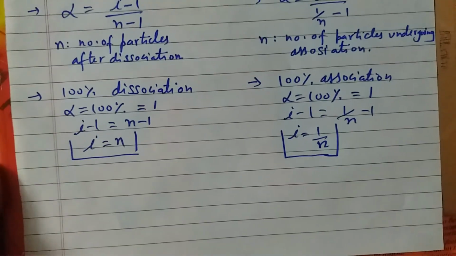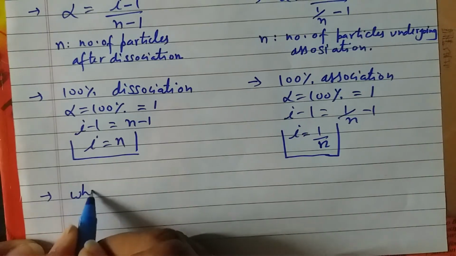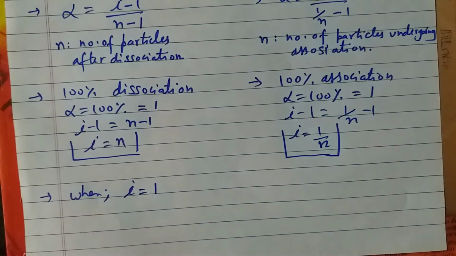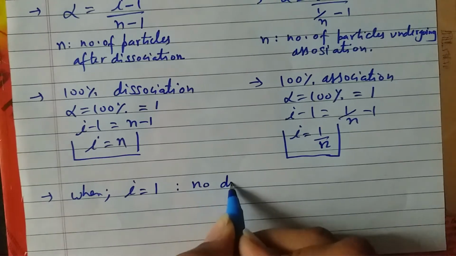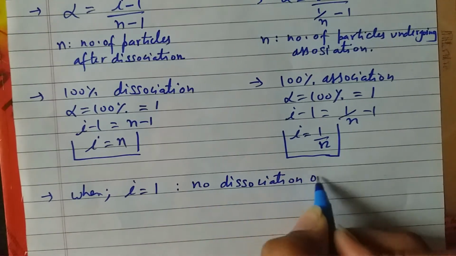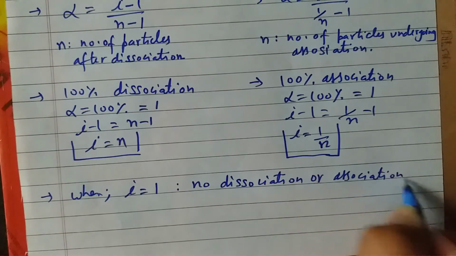One more fact that you can note down here is, whenever Van 't Hoff factor is equal to 1, this indicates that there is no dissociation or association in the solution.